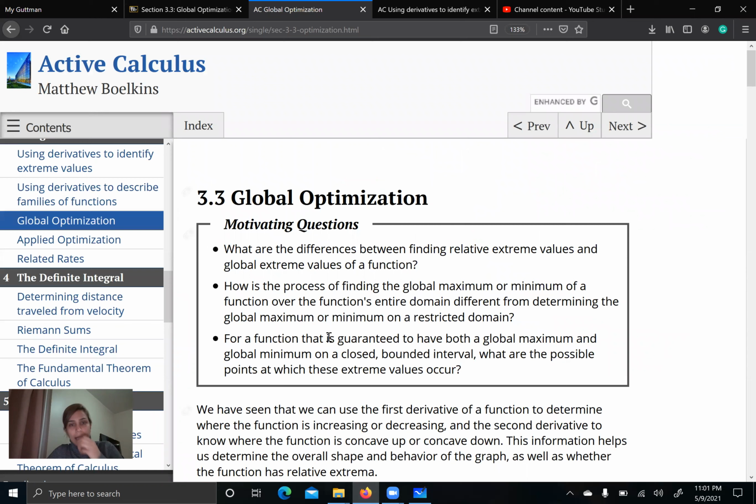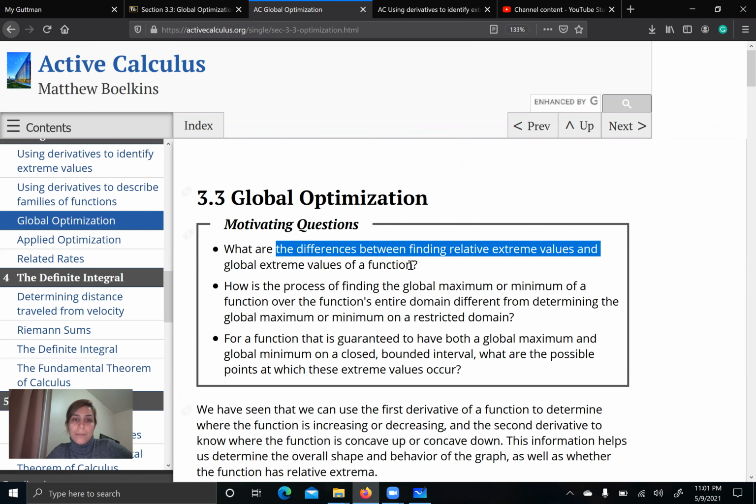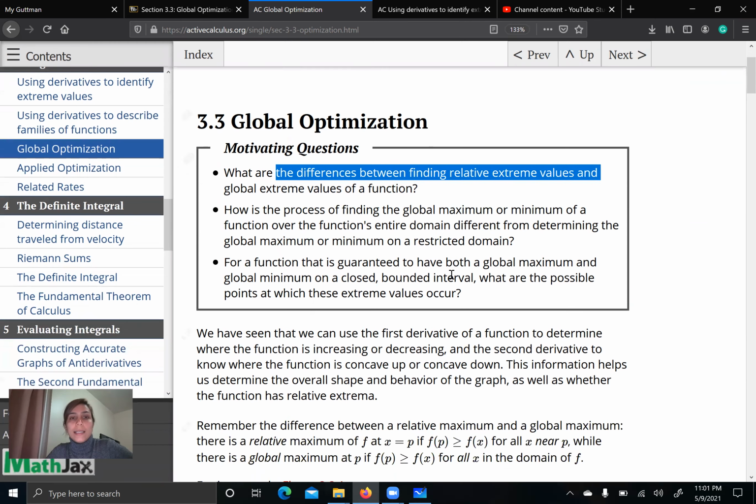In this section, we want to closely look at the difference between absolute and local extreme values, and also focus on absolute ones, because in the last section we focused on determining local ones, but we hadn't done a concrete study and analysis for the global or absolute extreme values.